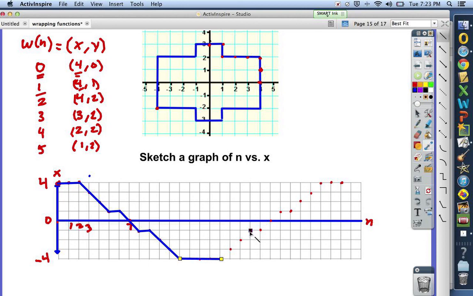Now I'm filling this in because if you look at the wrapping function, you're allowed to wrap any real number. So for example, if you did a wrap of like 1.2, you would still be at an x coordinate of 4. So there should be a value for every real number in here.